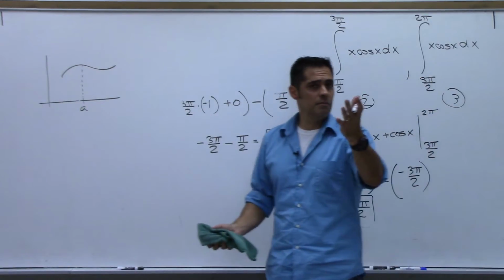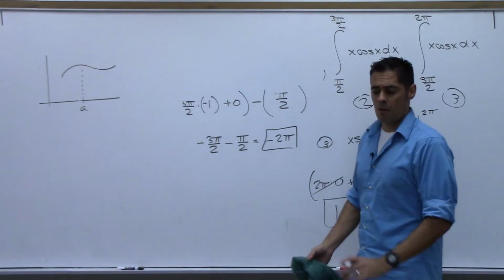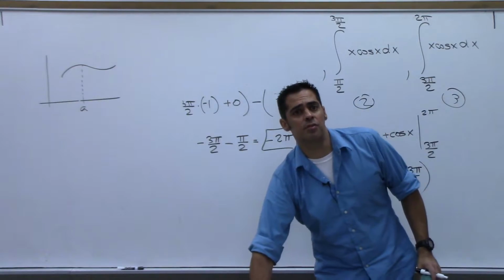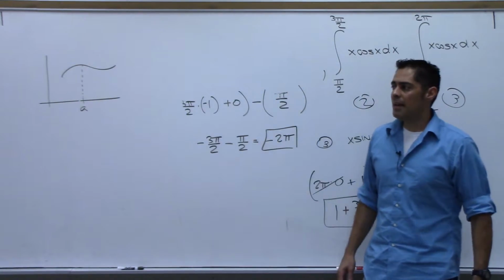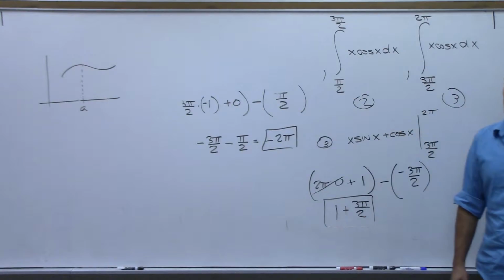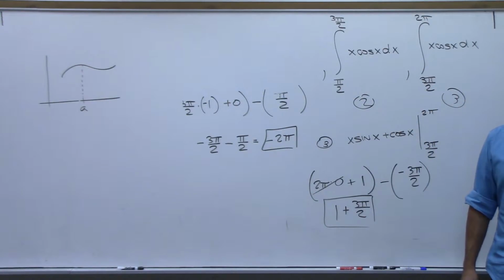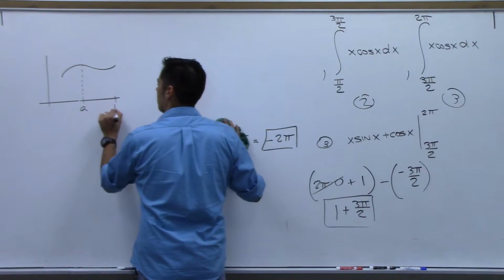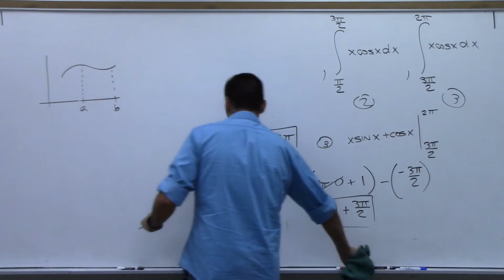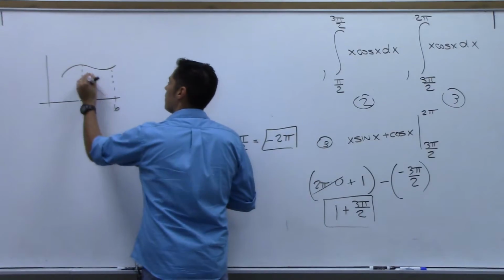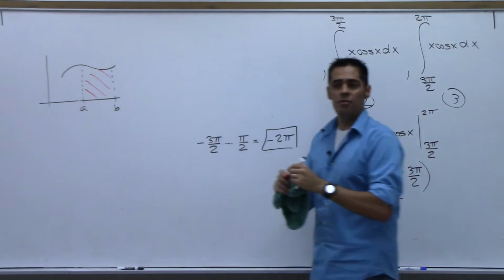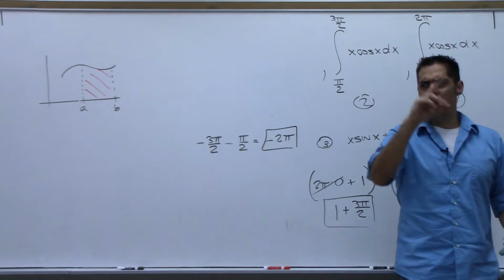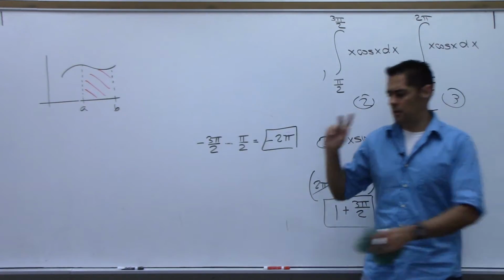That makes sense then? Okay, the integral from a to b of a function is equal to the negative integral from b to a. So what does that mean? Whatever this area is, it's equivalent to the negative of b to a. So that's flipping these two.